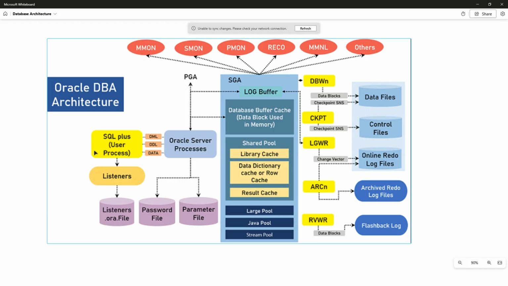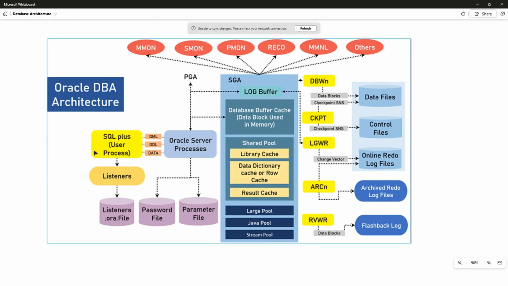So anytime the user process wants to connect to the server, the request has to go through the server process only. If any user wants to get information from the DB, they must connect to the server process.